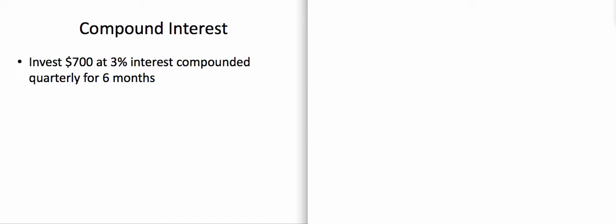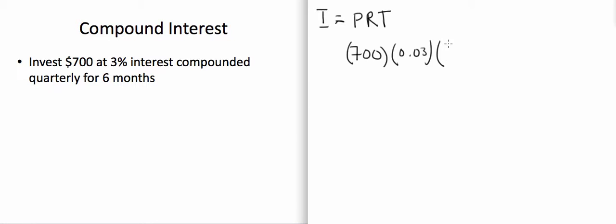Now we're not going to make this insanely long, but we still have I equals PRT, but now we've got $700 at 3%, so 0.03, and it's compounded quarterly, so that means 1/4. But now it's compounded for 6 months. So this is 3 months worth of interest. So we're going to have to do it again at some point.